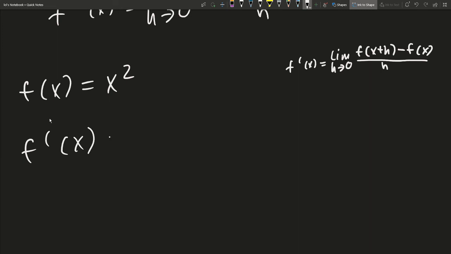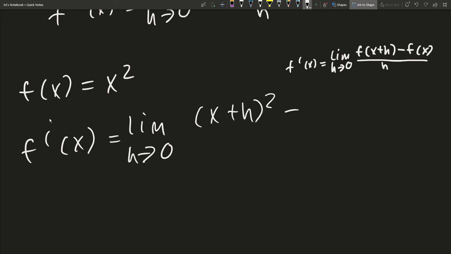So we just have to use our formula. This is the limit as h goes to 0 of f of x plus h, but f of x is just x squared, so we're going to have x plus h all squared, minus x squared, divided by h.